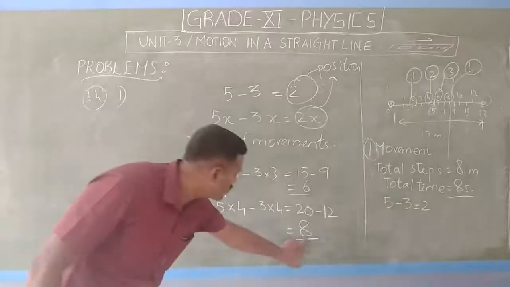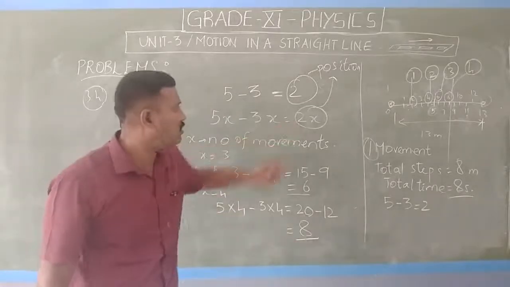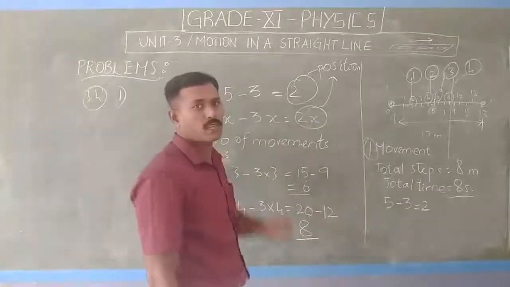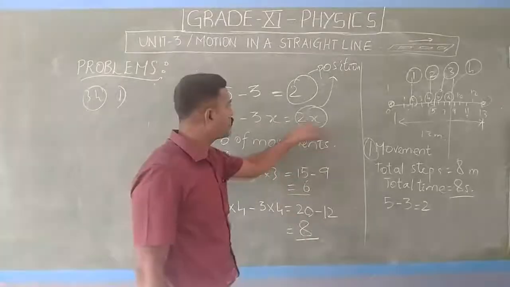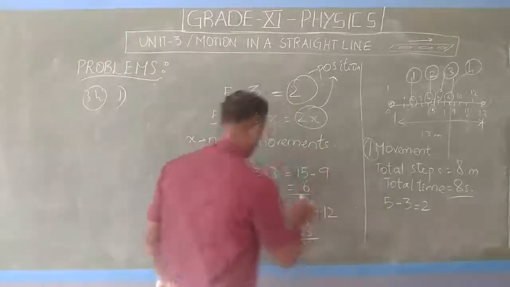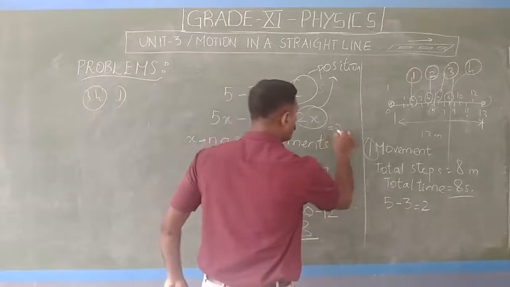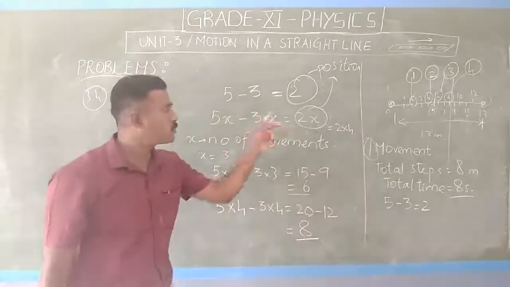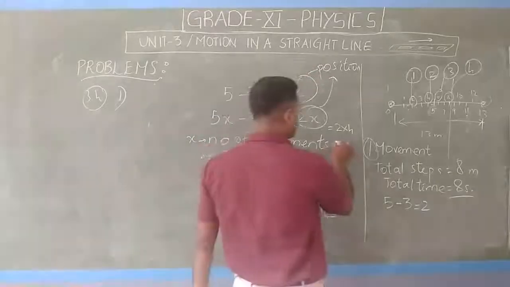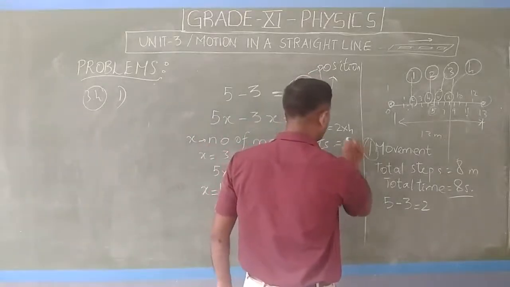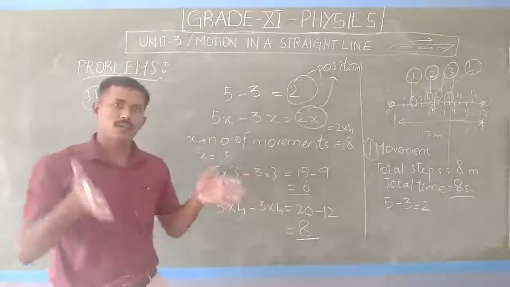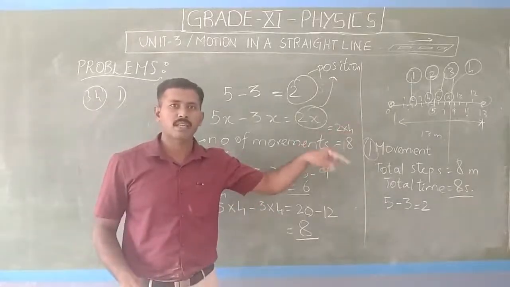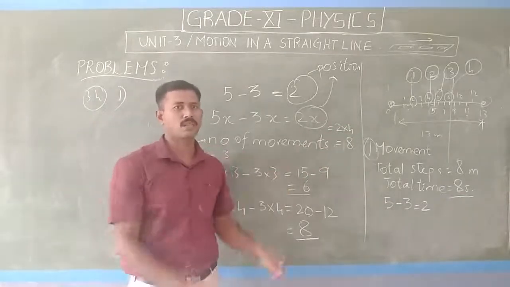So you check this 4 here. What is the position when x equal to 4? 2 times 4 is 8. Instead of x you put 4. What is the position you are in? You are in the 8th position. Now your drunkard came to 8 meters. That is the position you are in.